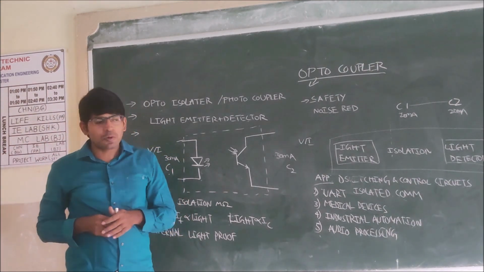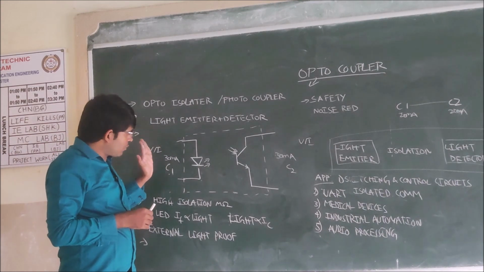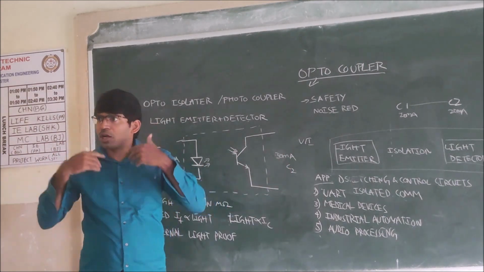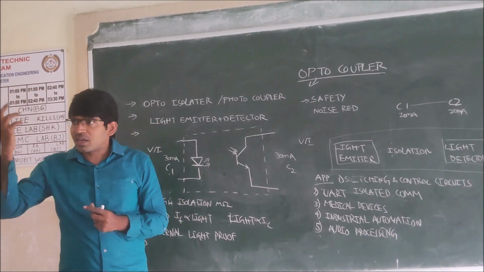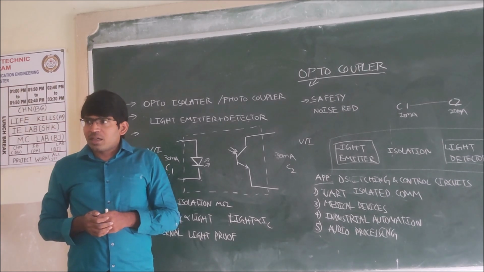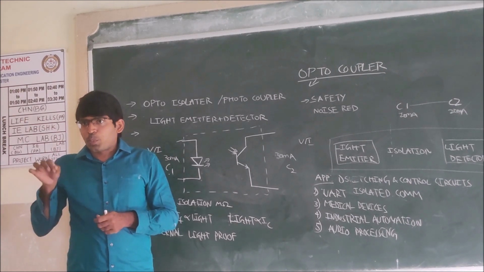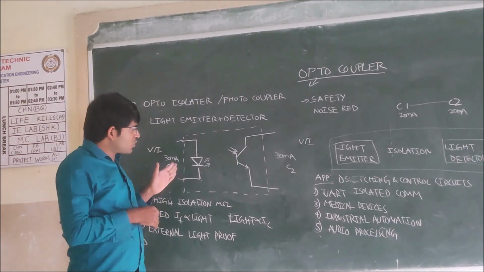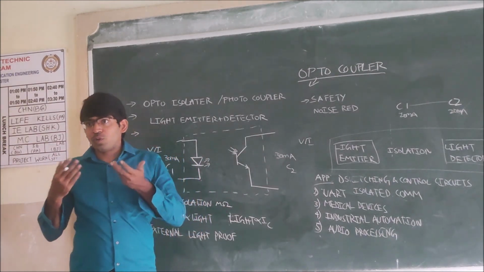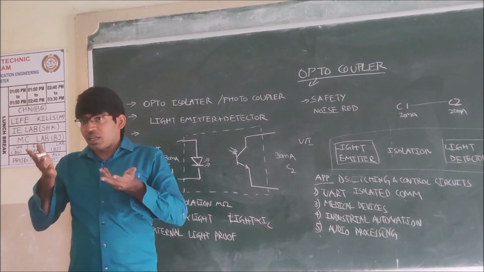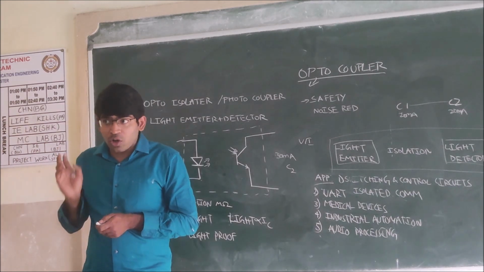Sir, how is it possible? You have to give the current from circuit 1 to circuit 2, but there should not be any connection. Wireless electricity, we do not actually expect that it should transfer wirelessly. Even if it goes wirelessly, we don't get the same amount of electric current because of the noise.